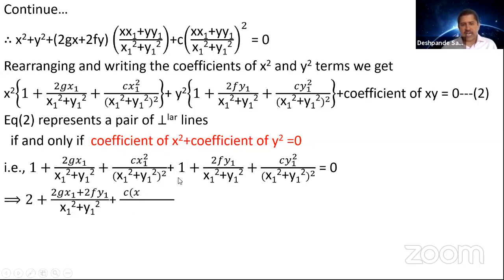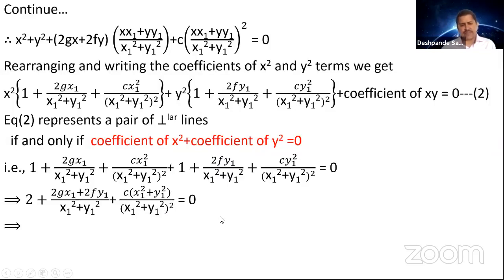This is having a square, this is also having a square, so you write x1 square plus y1 square whole square. In the third and sixth terms, you got c common, so you can take c common. Then you can cancel out one of the squares, and you get c divided by x1 square plus y1 square.